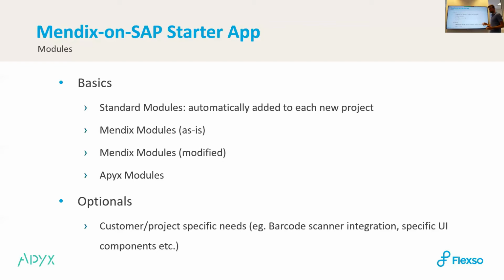Another thing is a lot of specific UI components. That is actually called a widget. It's not a module, but a module is a functionality, while a widget is a UI component you can just drag into your application. Mendix offers a lot of standard UI components, but it makes sense to create our own, which we did, and which can also be part of a standard or a starter app.